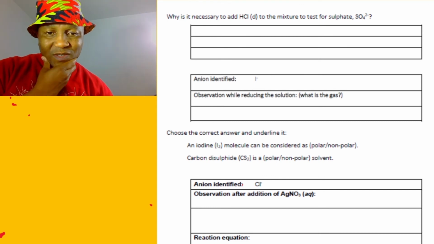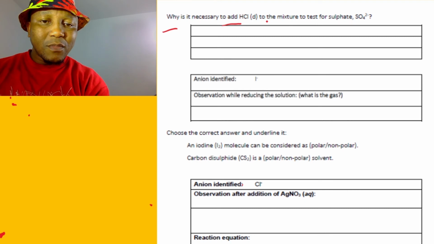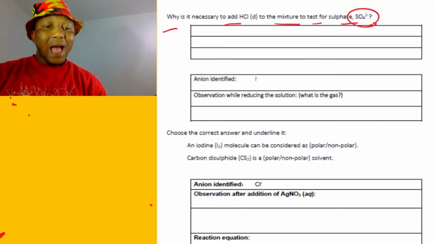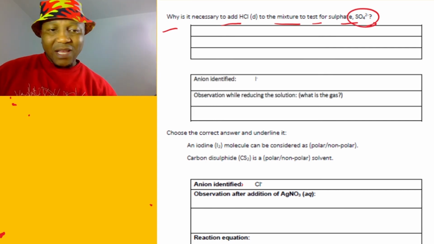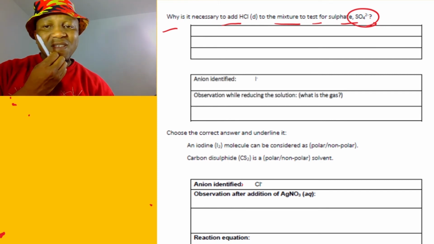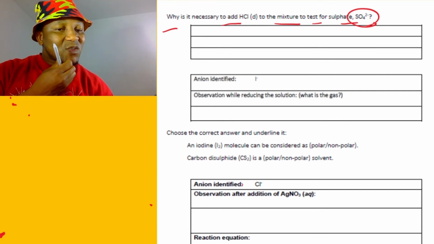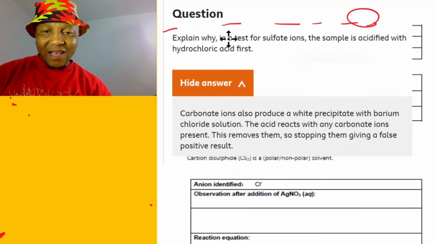So then the last one is very easy. Now they say, why is this necessary to add to the mixture to test for sulfate ions? Okay, why is that necessary? The reason is, I can just paste here and you can simply get it, so we can save time.